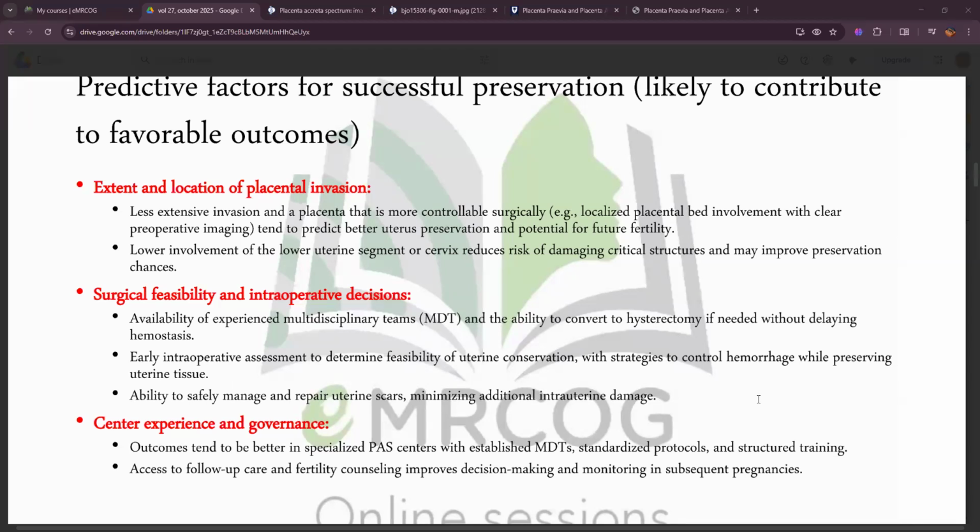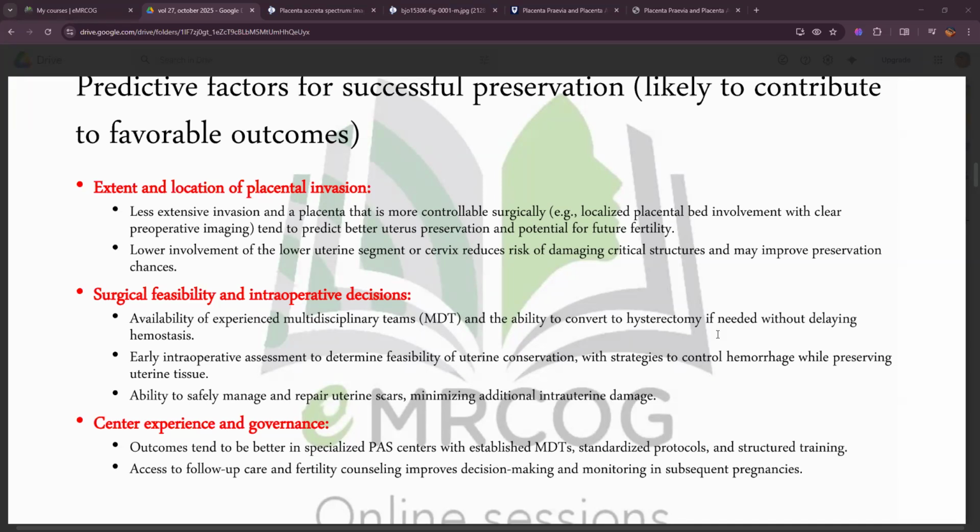Do you have the feasibility for this? Do you have an experienced MDT for uterine preservation, so that the ability to convert to hysterectomy, if needed, can be done without delay? Do you have enough facility options, not only a blood bank?